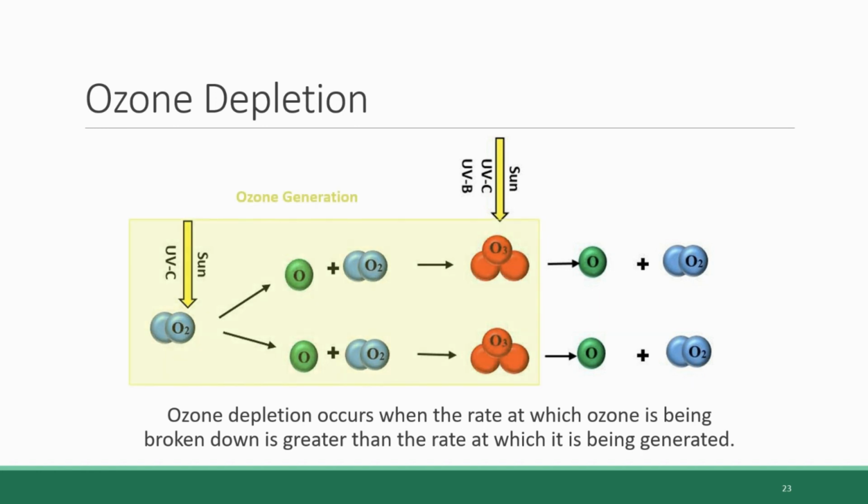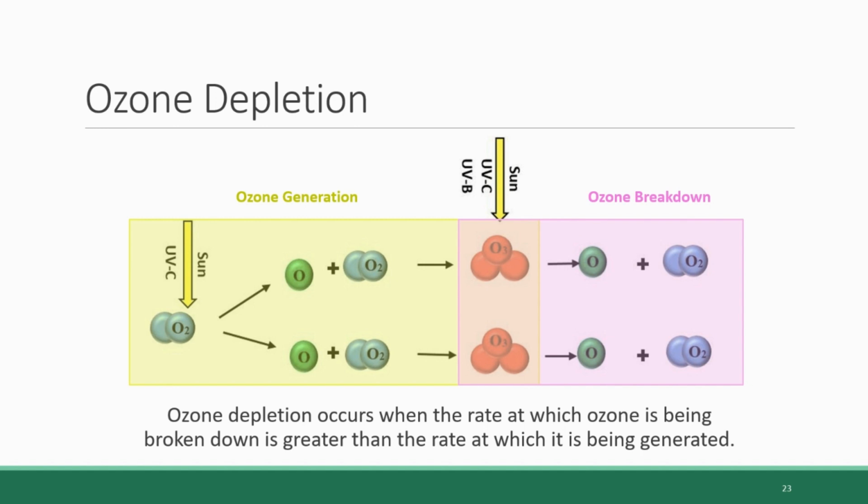So, here highlighted in yellow, you can see the step that generates ozone from oxygen gas, as we discussed previously. And this is a step that absorbs UVC radiation. And then here highlighted in pink, you can see the breakdown of ozone back into oxygen gas. And this step absorbs both UVB and UVC radiation.